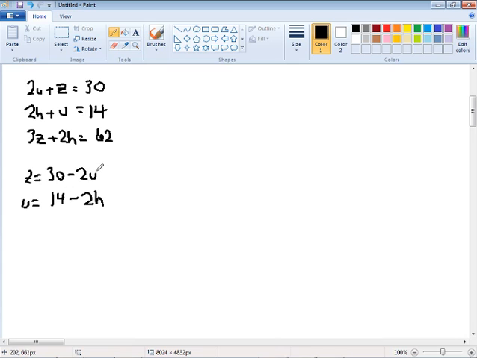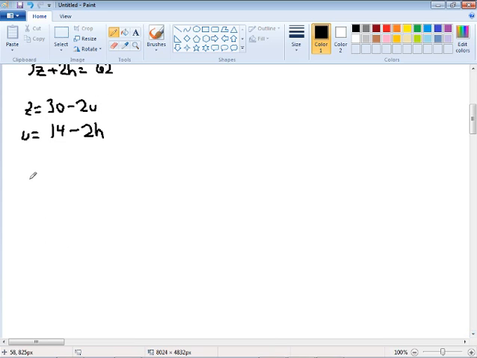You'll notice that I have a U here, and because of this, I know what U is equal to. So I'm just going to replace this equation with that U. What I'm going to come up with is Z is equal to 30 minus 2, and if I put this equation in there, 14 minus 2H, I can start to work out the problem.